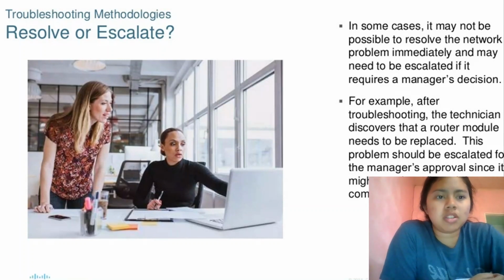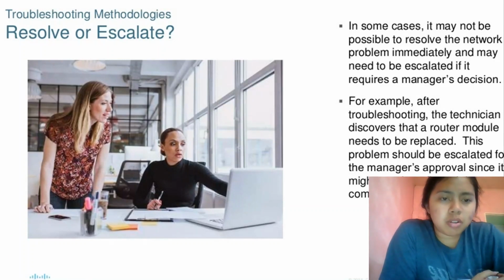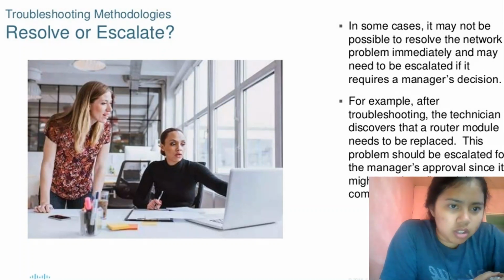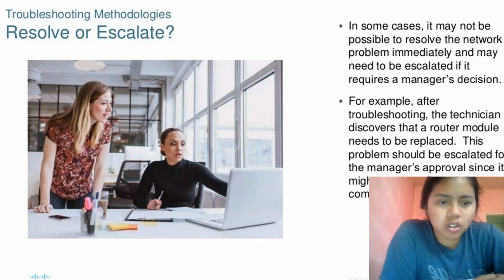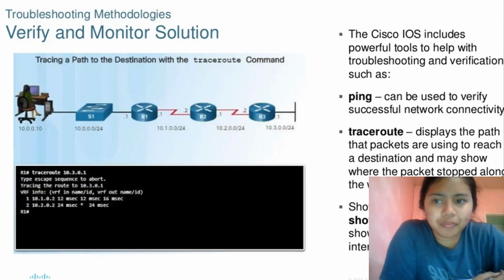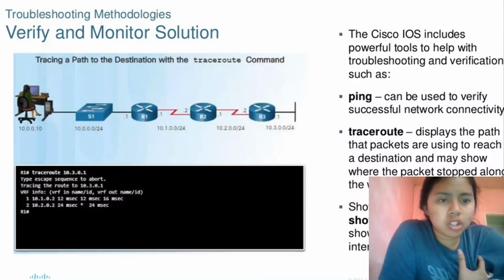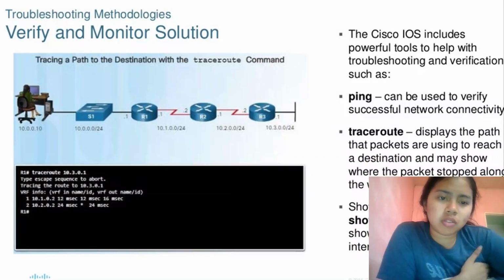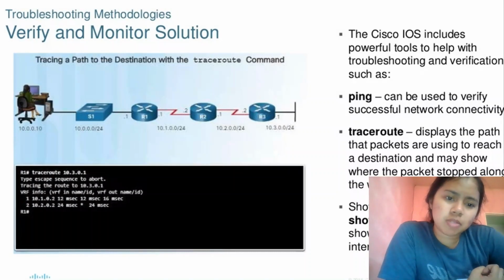In some cases, it may be possible to resolve the network problem immediately, and it may need to be escalated if it requires a manager's decision. Verify and monitor solution. There are tools to help with the troubleshooting and verification, such as ping, traceroute, and show IP interface brief.